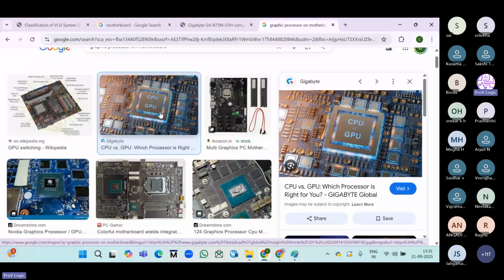In system on chip design, you never find all these capacitors, resistors, everything. It's a simple chip. That's it. On the chip, there will be multiple blocks. But a motherboard is not a chip. It's a PCB board. On the PCB board, we put a lot of components. That's the difference.